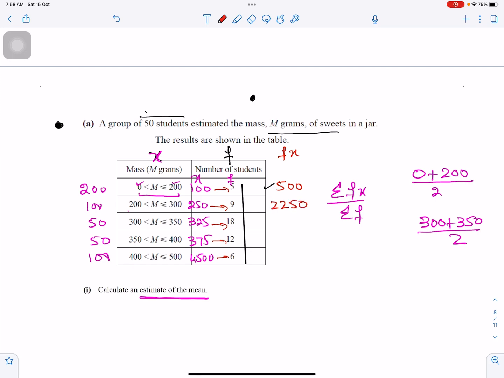Then 325 by 18, 5850. And then 375 by 12, 4500. Then 450, sorry, this 0 is not here. 450 times 6.